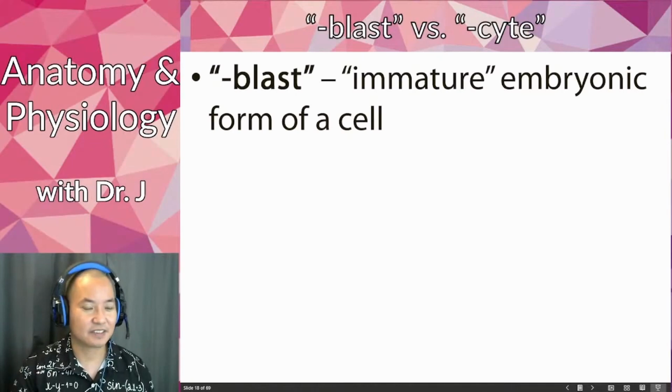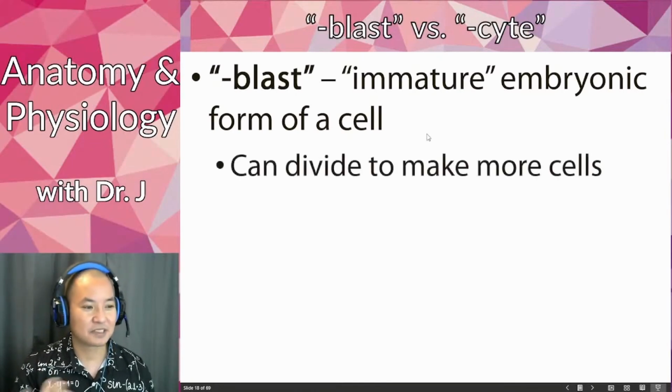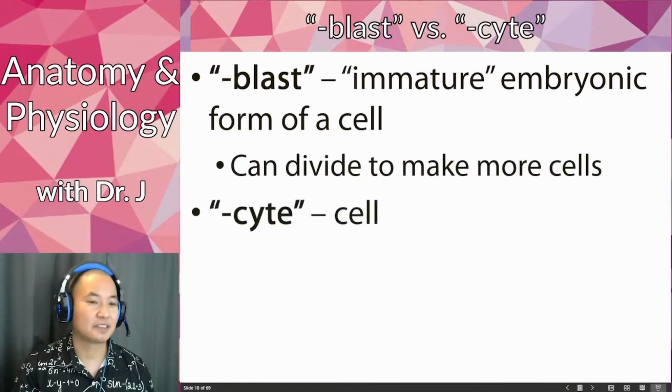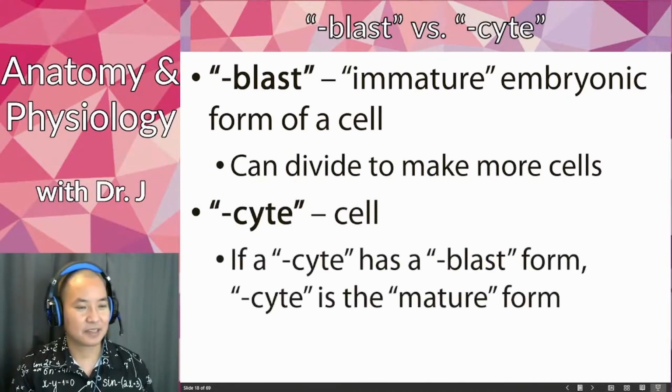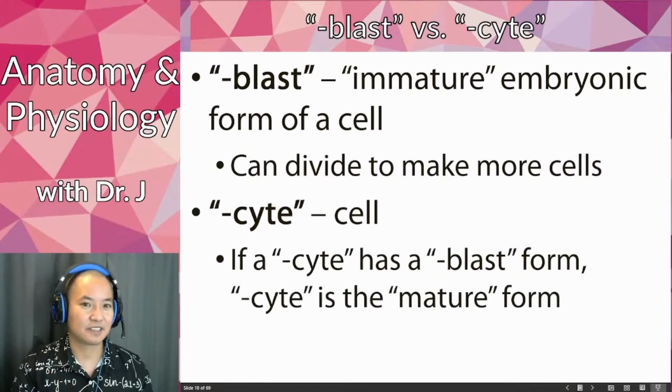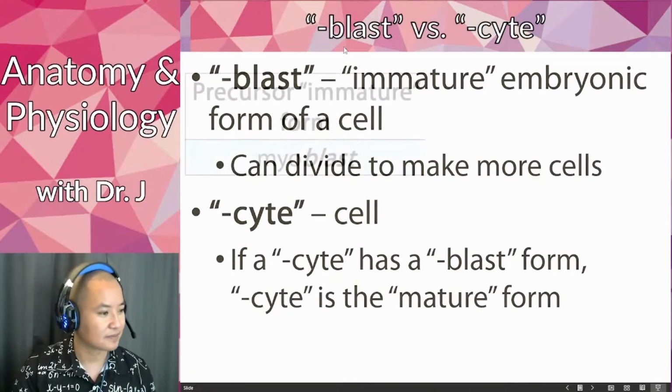Very active, still able to replicate and reproduce. But cyte is when it starts to mature and slow down. It's not so much about building new stuff and doing heavy lifting. It's more about maintenance. So if a cell has a cyte form and a blast form, the blast is the immature or younger form, and the cyte is the more mature form.